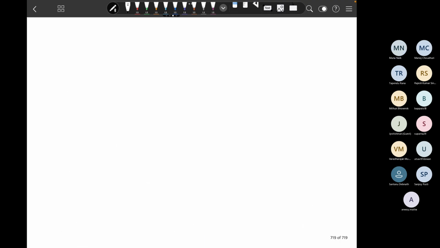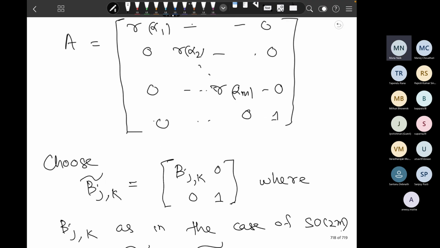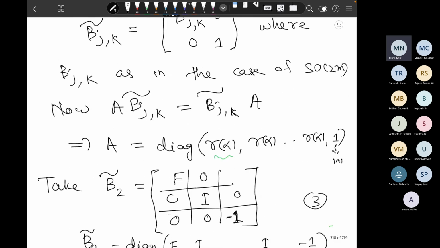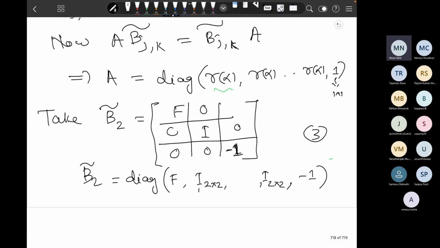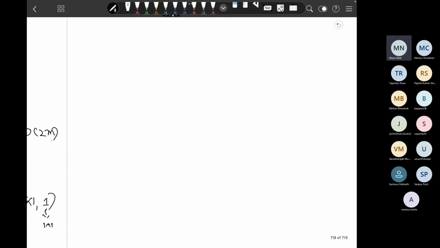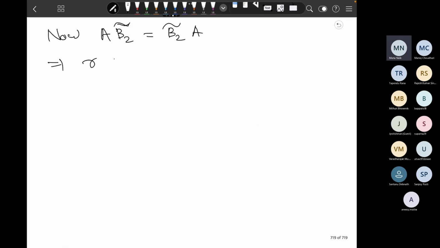So now a b2 tilde is equal to b2 tilde a. So therefore I will get this. Actually there I was choosing 2f, because 1f will also be sufficient to conclude that R alpha is equal to really identity or minus identity.